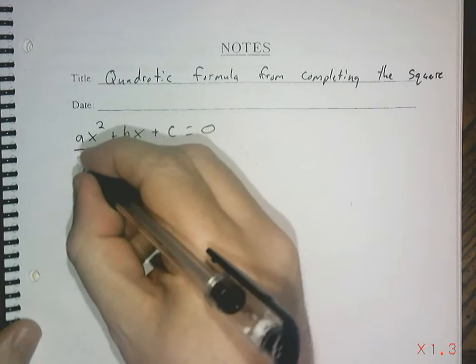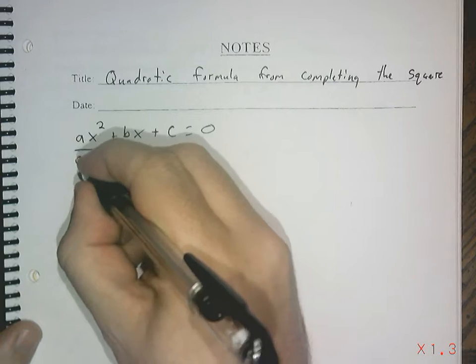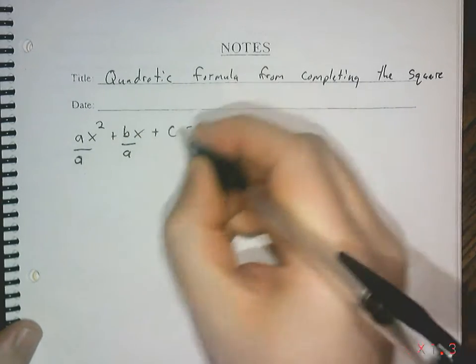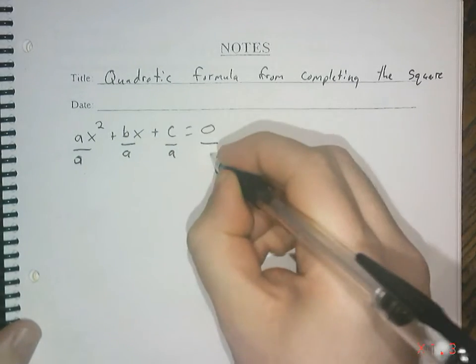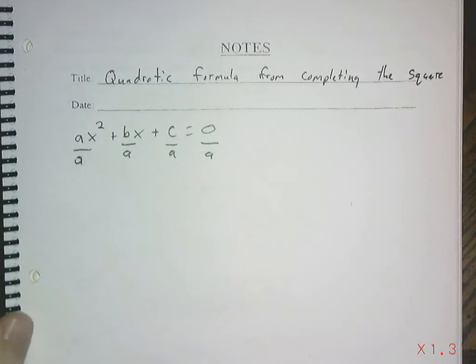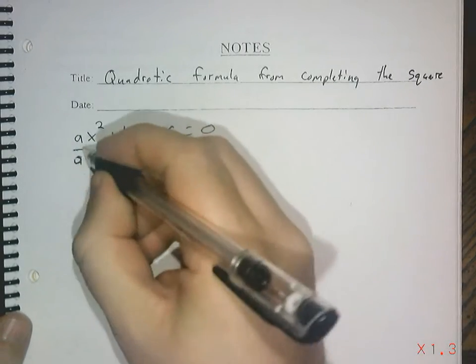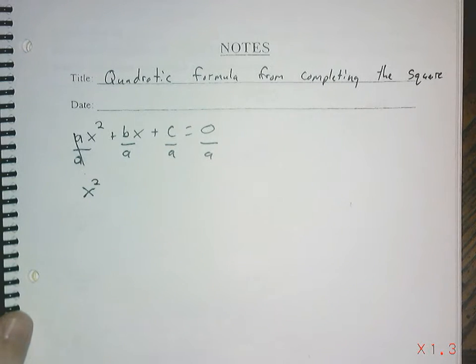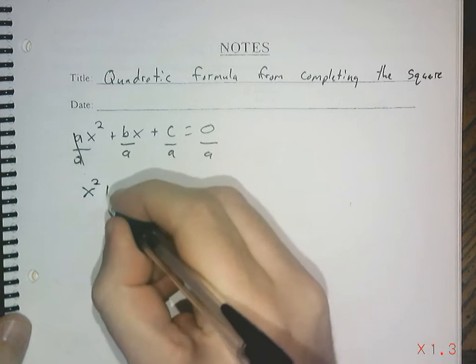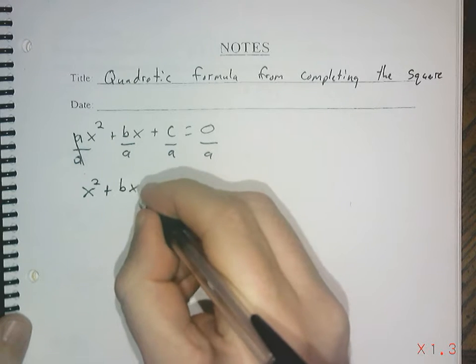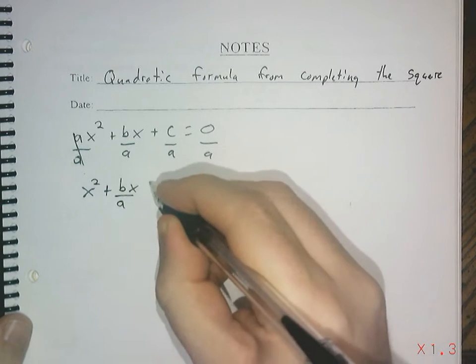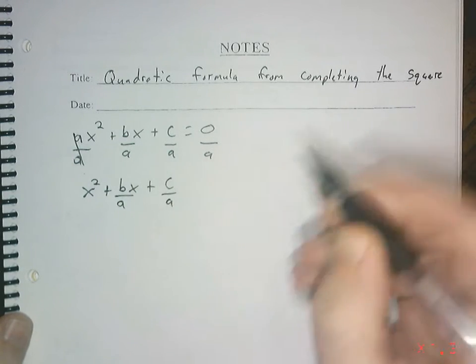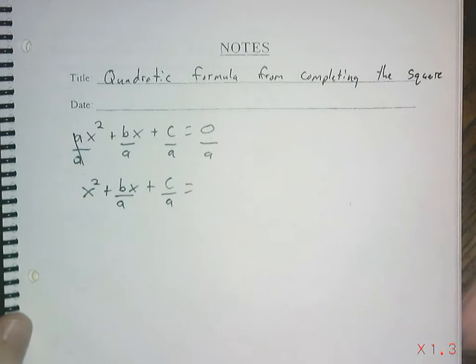So the first thing I'm going to do is divide everything by a, because I want to get that to a coefficient of 1 to start with. Now the a's cancel out here, and I'd be left with x squared. But then I still have bx over a, and then plus c over a, and then 0 divided by a would still just be 0.